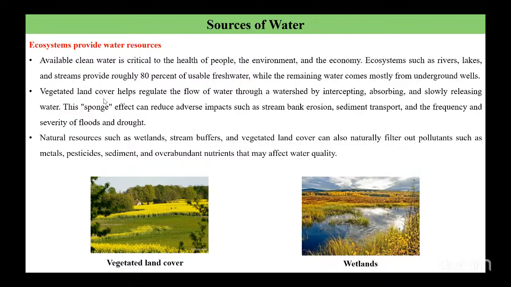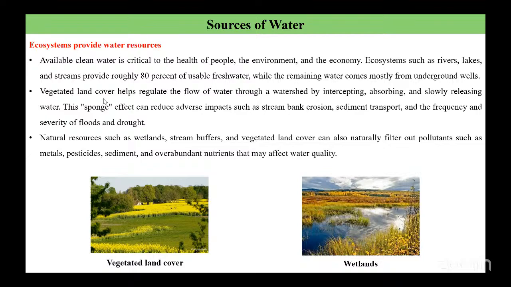And this is what we call a sponge effect, and it also reduces the adverse impacts such as stream bank erosion, sediment transport, and the frequency and severity of floods and drought. This sponge effect is mainly because of the water which is trapped or stored in watersheds and also in the vegetated land cover.